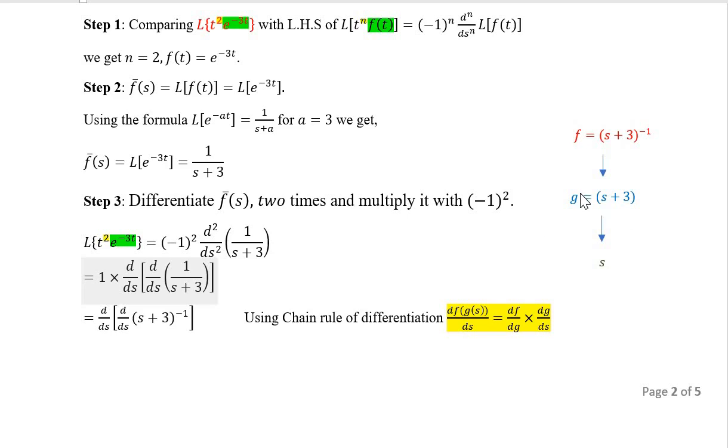So f depends on g and g depends on s. So in such a case, the derivative of s plus 3 inverse will be obtained as the derivative of f with respect to g into the derivative of g with respect to s by the chain rule of differentiation.